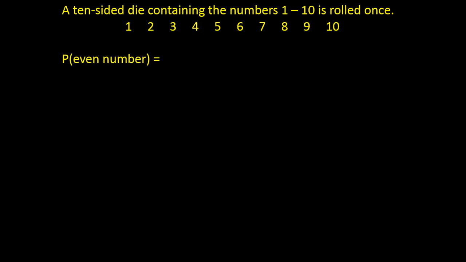So if we look at the probability of getting an even number on this die, we could say there's 10 possible outcomes which are equally likely, and the even outcomes are the 2, 4, 6, 8, and 10. So there are 5 outcomes in this event, and there are 10 outcomes in the sample space. So the probability that we roll an even number on this die is 5/10, which of course simplifies to 1/2.